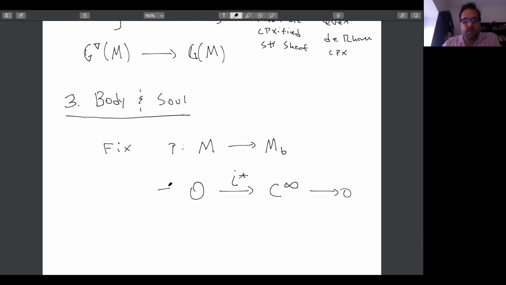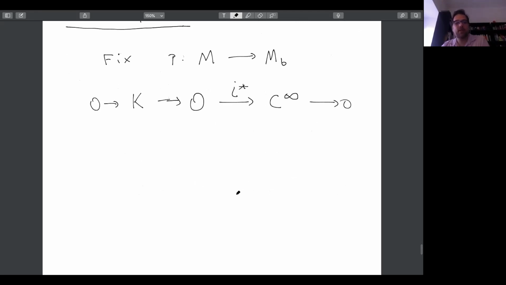The short exact sequence is canonical, but the splitting is not. Where I'm just restricting to the body in this step. But we can generalize this.